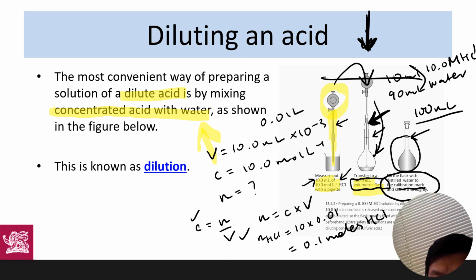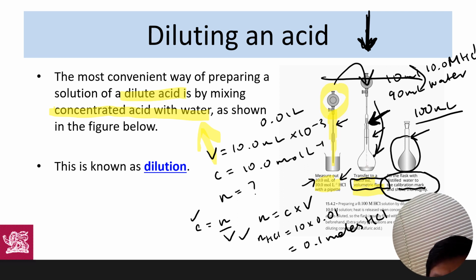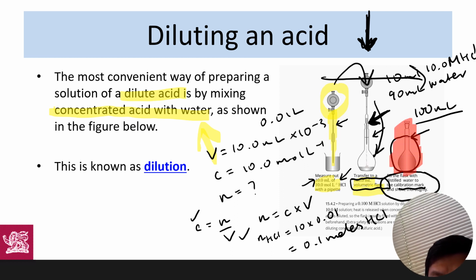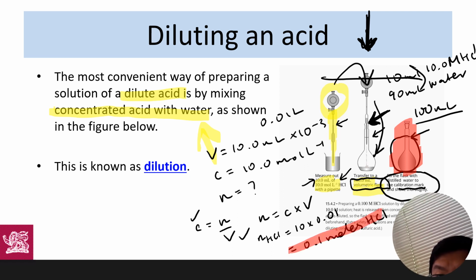So if I have 0.1 moles of HCl, then in the volumetric flask, even though I'm adding more water, I would still have 0.1 moles of HCl, but I have it in more volume, which means the concentration has now been diluted, and I can calculate that.